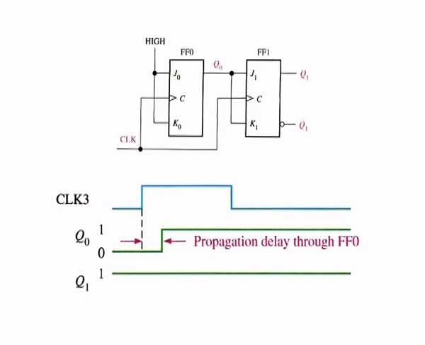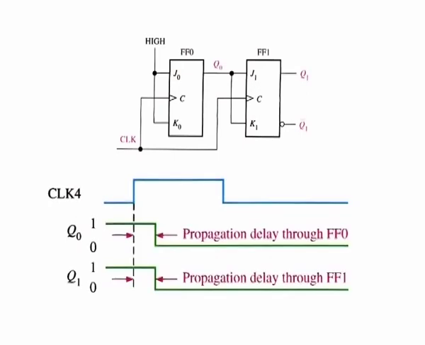When the leading edge of clock 3 occurs, flip flop 0 again toggles to set the state and flip flop 1 remains set because its J and K inputs are both low. After this triggering edge, Q0 is equal to 1 and Q1 is equal to 1, which is a binary 3 state.